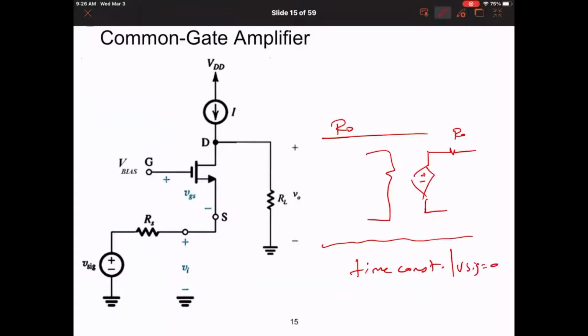In this case, I have a capacitor here. Really, the effective resistance seen will be what we called R out, meaning Vsig equals 0, in parallel with RL, in parallel with the resistance of the current source if it is some R.